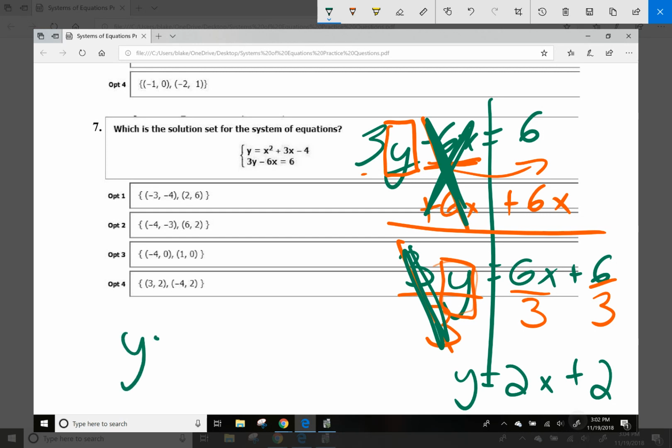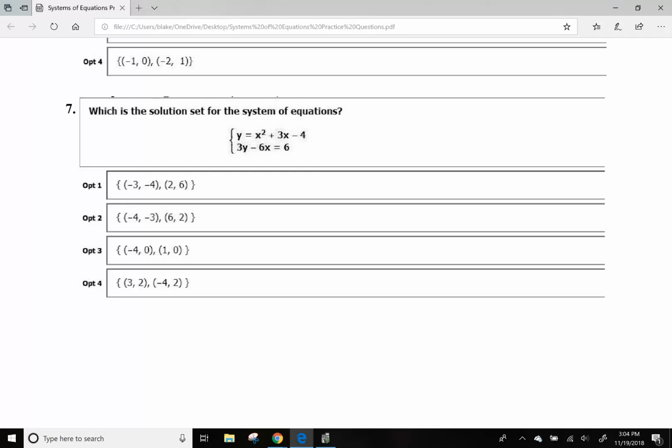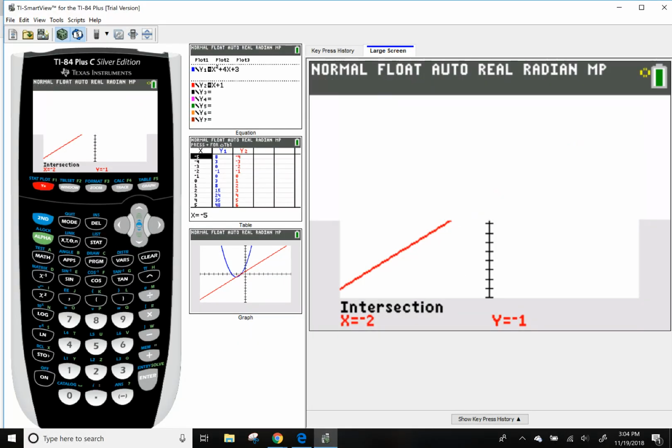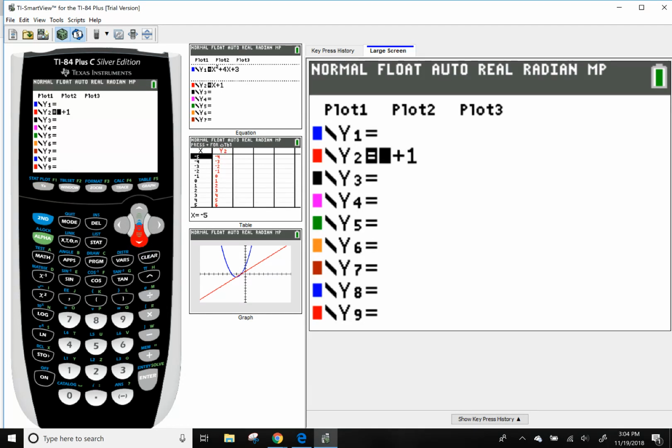So there's my equations. I've got the original one, y equals x squared plus 3x minus 4, and I've got y equals 2x plus 2. I'm going to put both of those in my calculator. So back to my y equals. I'm going to clear out what's already here and input my 2 functions.